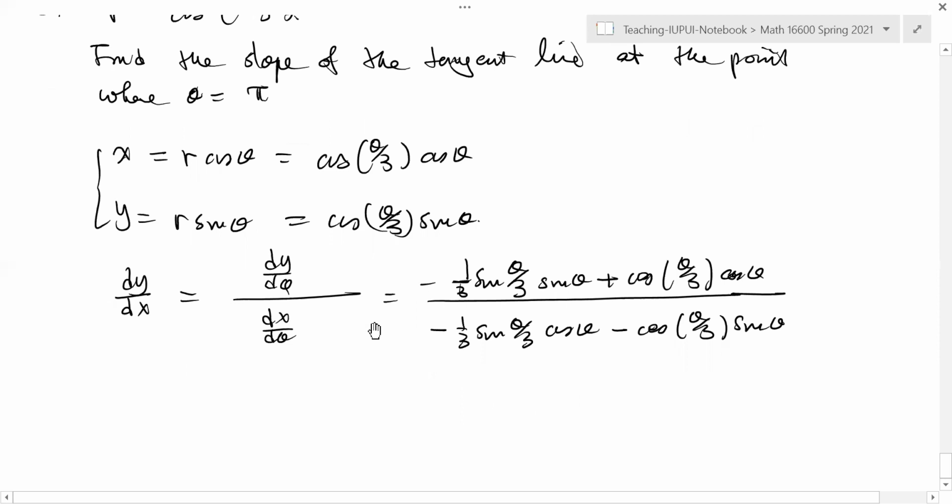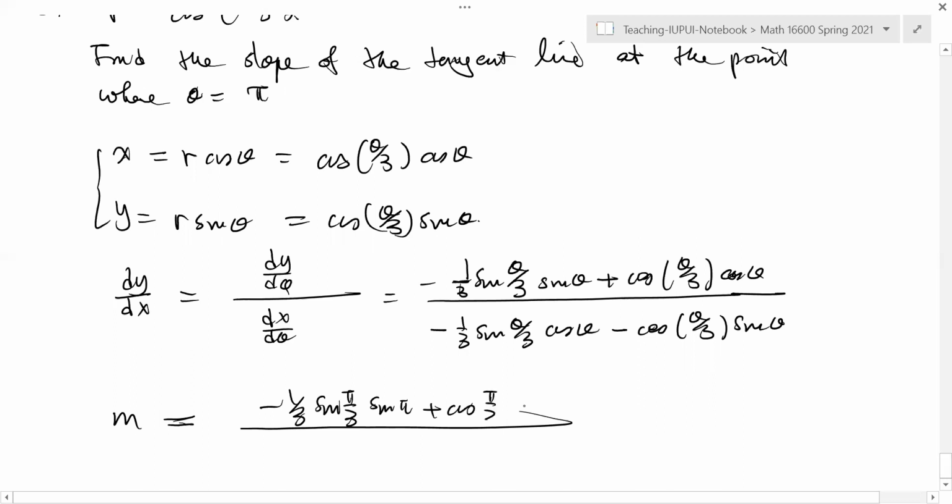Then the slope at that point: you have to evaluate when theta equals pi. So the numerator is negative 1/3 sine pi over 3 sine pi plus cosine pi over 3 cosine pi, and the denominator is negative 1/3 sine pi over 3 cosine pi minus cosine pi over 3 sine pi.